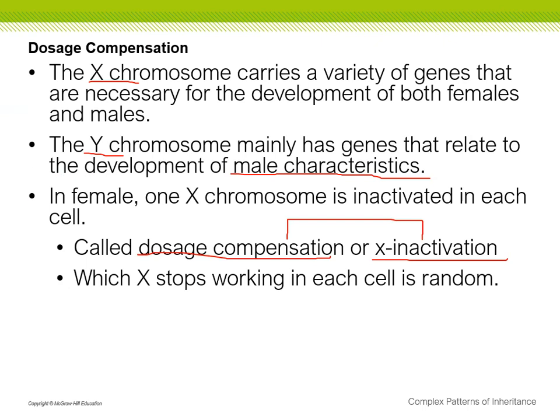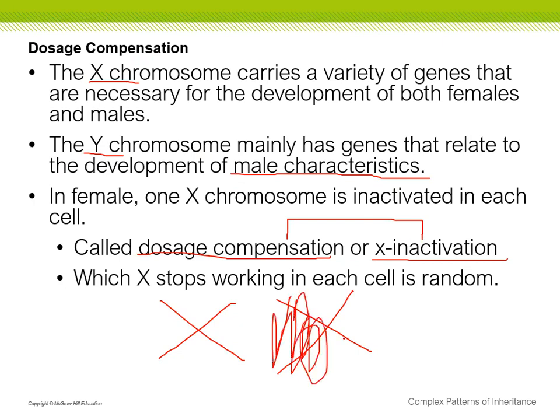One example of this X inactivation: when we have a female and both X chromosomes have a gene for the same thing, maybe eye color in humans, or coat color or fur type in animals, one of them is going to stop working, and it's purely random.